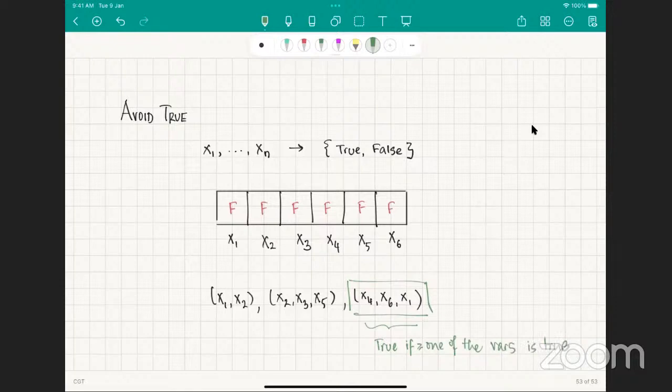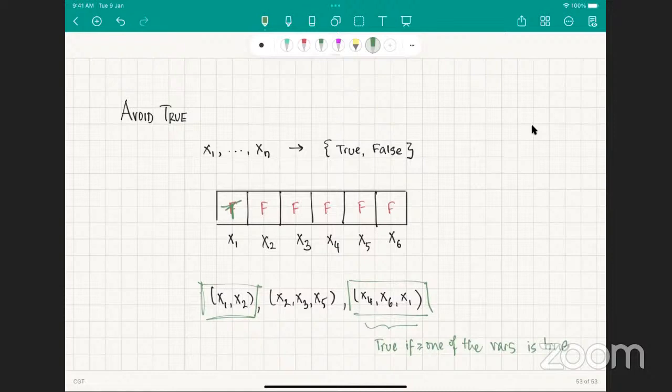So for example, if I change x1 from false to true, that will end up satisfying these two sets. These two sets become true. The formula becomes true if all the sets become true. So you don't want to be in that situation. If you are the player who cannot flip any of the falses to trues anymore without making the whole formula true, then you lose the game.